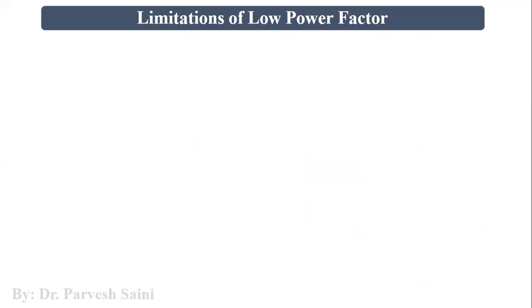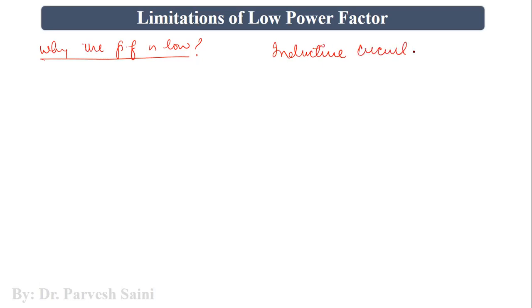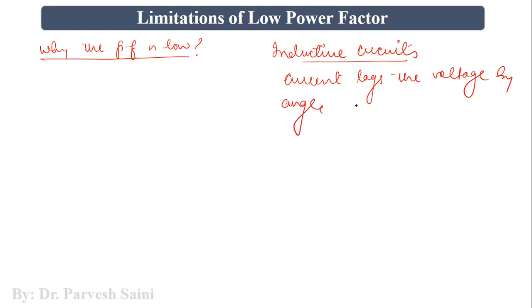So now let us come to the limitations of low power factor. It is but obvious to ask why the power factor is low. So the first question is, why is the power factor low? In case of an inductive circuit, current lags the voltage by angle phi.